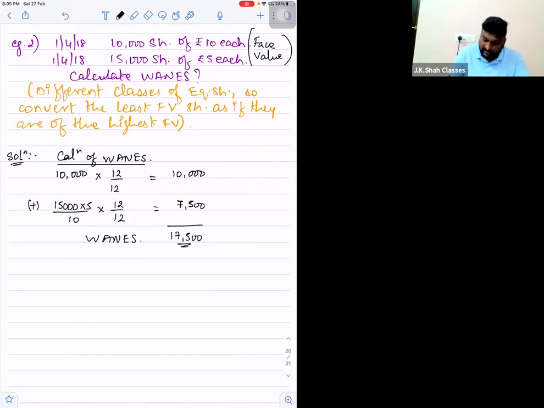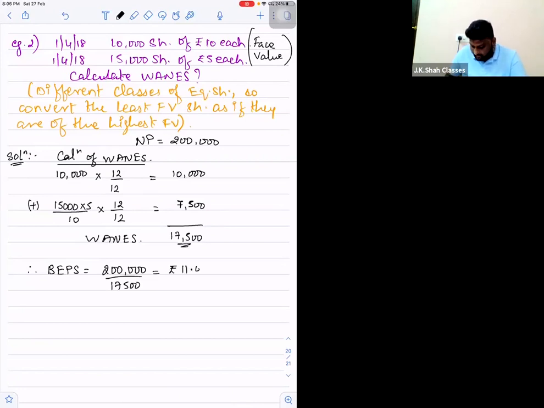Assume the net profit given in the question was 2 lakhs. So my basic EPS will be how much? Basic EPS will be 2 lakhs divided by 17,500, which is 11.43. The basic EPS will be 11.43.